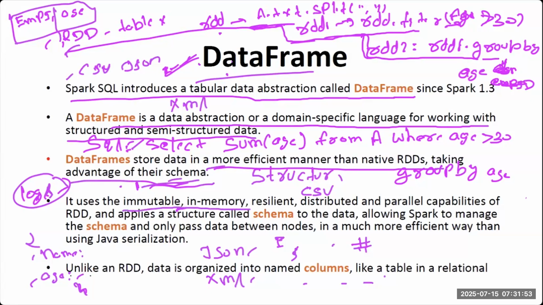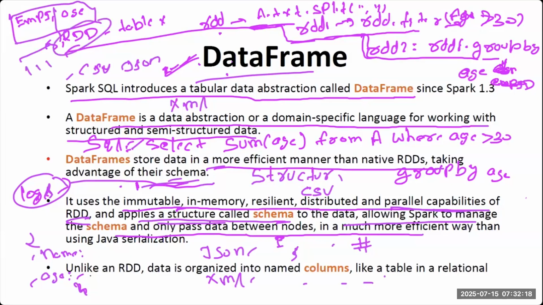It uses the immutable, in-memory, resilient, distributed, and parallel capability of RDD and applies a structure called schema to allow Spark to manage this. I told you this, right? Under the hood, it will be RDD only. It takes the parallel capabilities of RDD and applies a structure called schema on top of it, so that I can query on top of it.